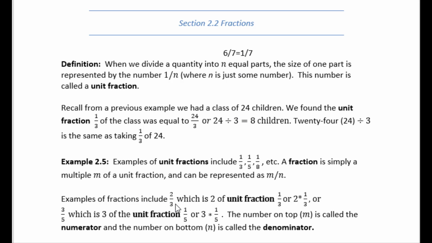Examples of fractions include 2/3, which is 2 of the unit fraction 1/3, or 2 times 1/3, or 3/5, which is 3 of the unit fraction 1/5, or 3 times 1/5. The number on top is called the numerator, and the number on bottom is called the denominator. The number on bottom is the unit, and the number on top is how many you have of the unit.